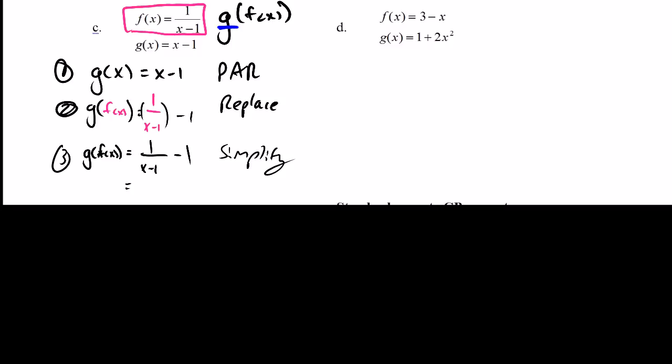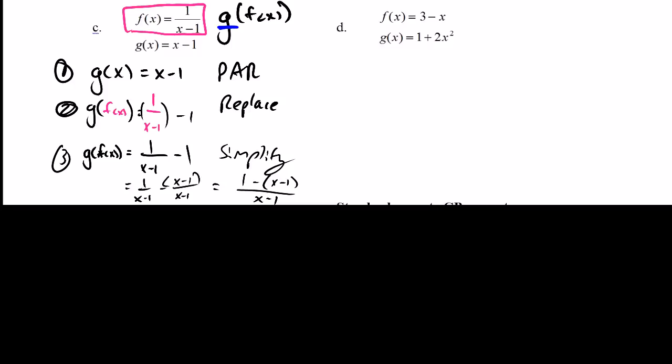Now we have to find a common denominator. Oh, I know everyone loves this. 1 over x minus 1 minus something over x minus 1. Well, to get a 1, we have to have the same thing on top and bottom. So this turns into 1 minus the quantity. Make sure you have a quantity here, otherwise you're going to get the wrong answer.